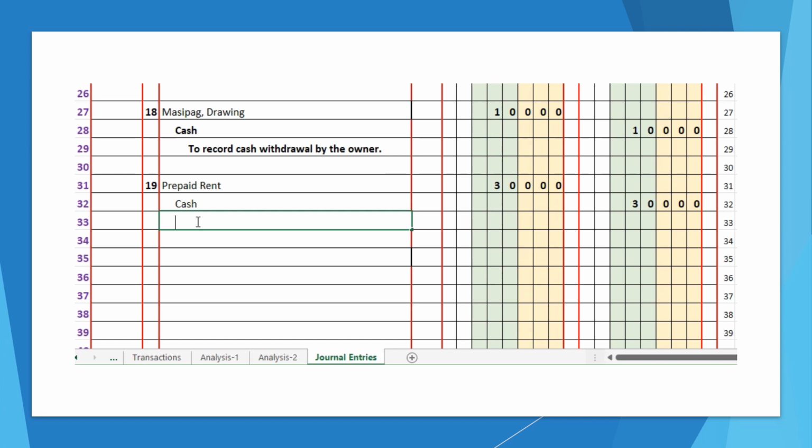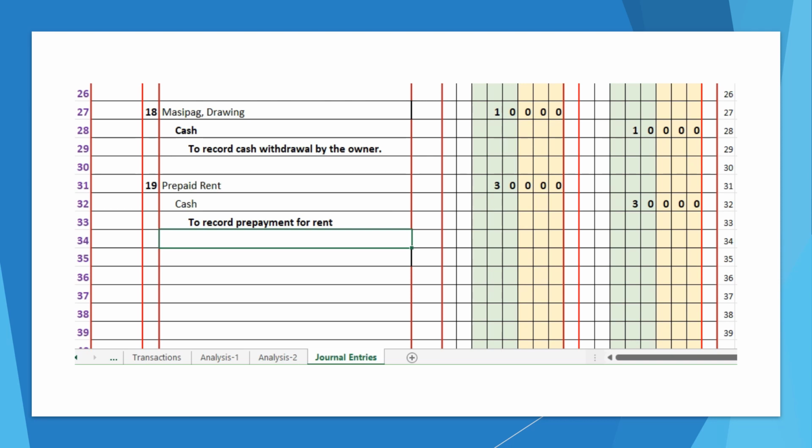To record prepayment for rent. So, that's it.